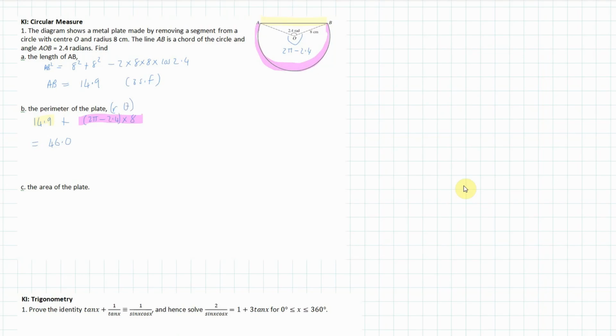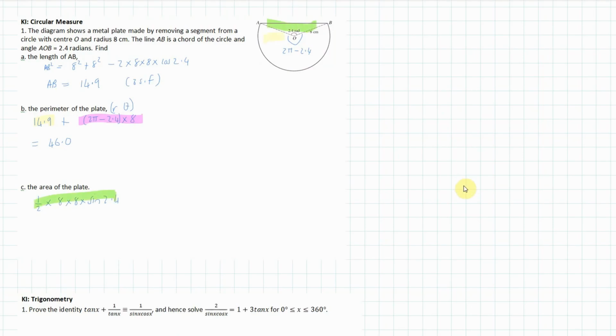Okay, now the area of the plate. You can do it in 2 parts. So you can do the area of the triangle, which is half times 8 times 8 times sine 2.4, and this of course is the triangle. That's that bit.